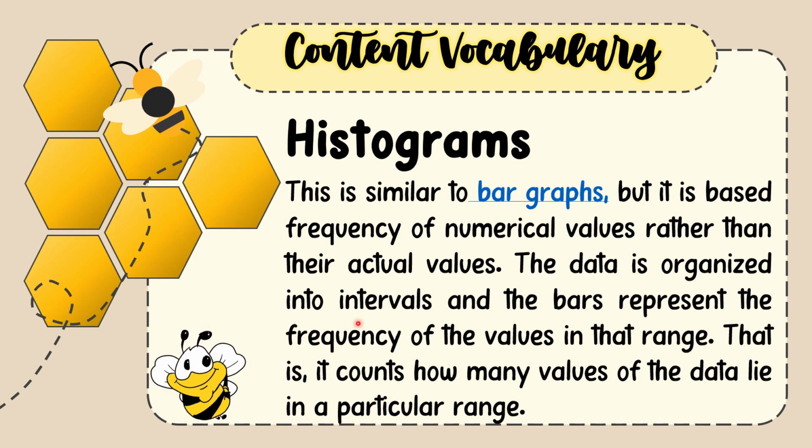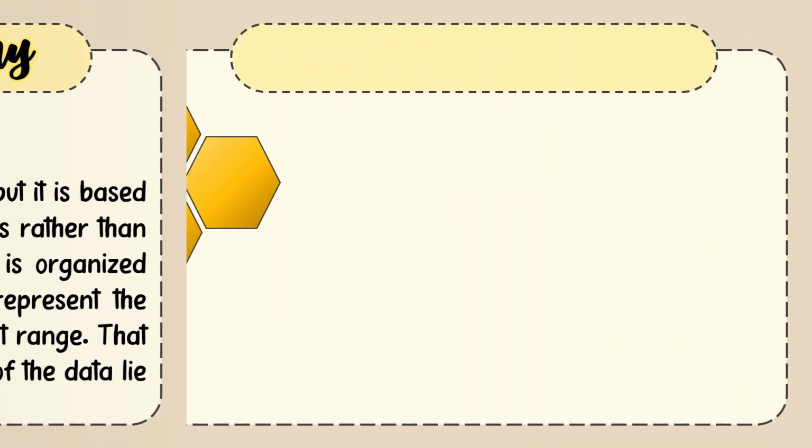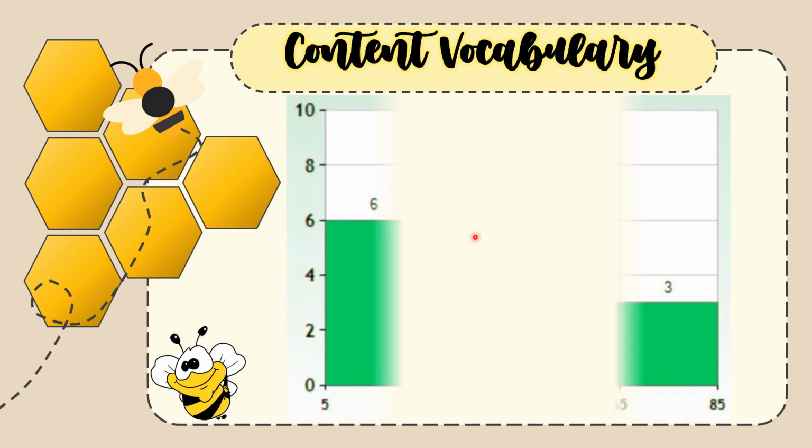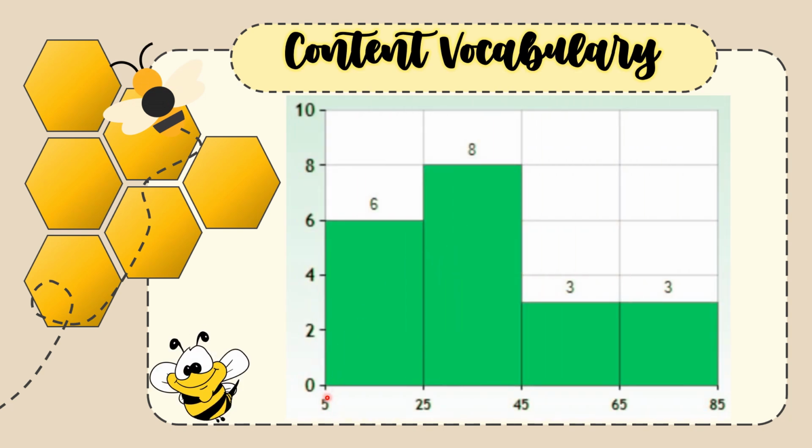Let us have the example of a histogram. This is what a histogram looks like. You have here the range from 5 to 25. The frequency of numbers from 5 to 25, of course, is 6.